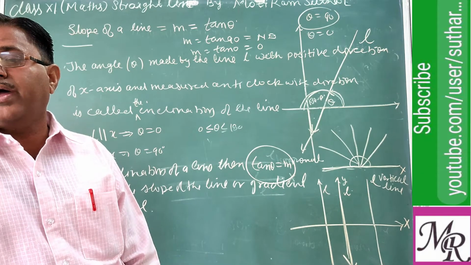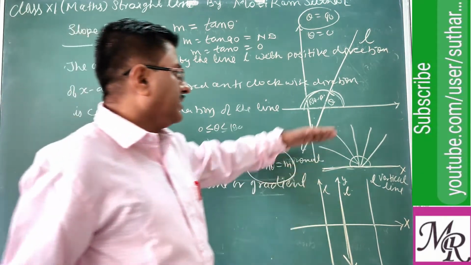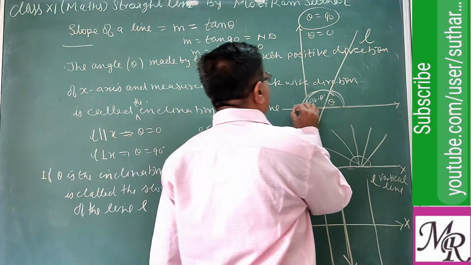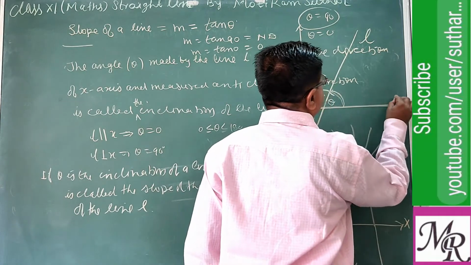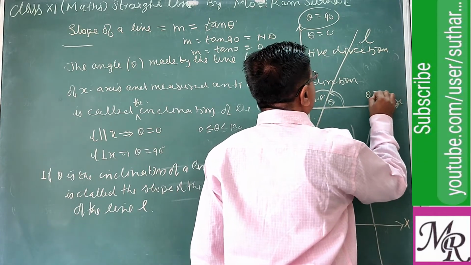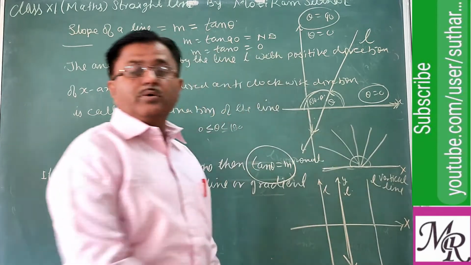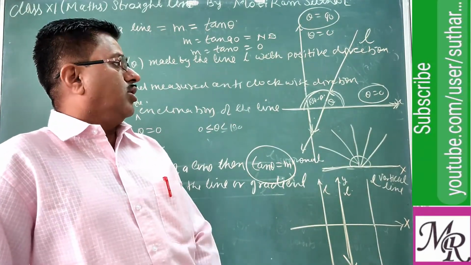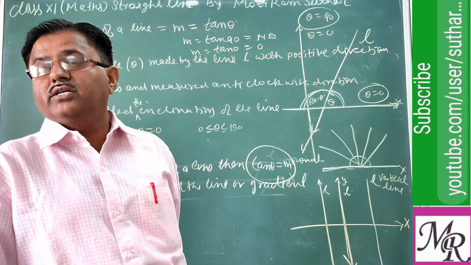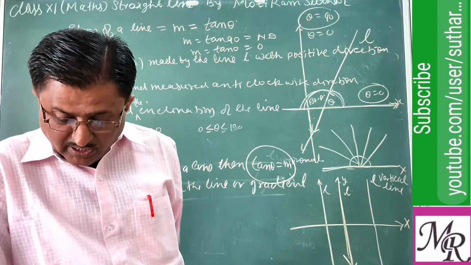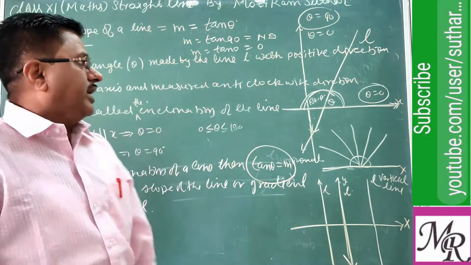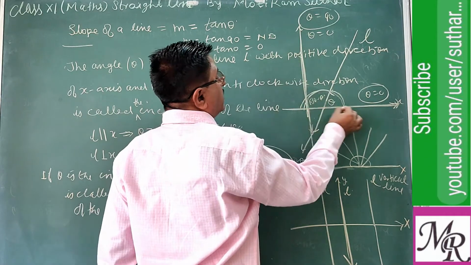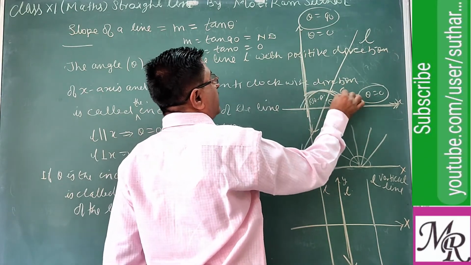Now, if you want to say what is the slope of the x-axis itself: any line which lies on the x-axis makes theta equal to 0. So we can say the slope of the x-axis will always be 0, because tan 0 is 0. And similarly, what is the slope of the y-axis? The inclination between the x-axis and the y-axis is 90.